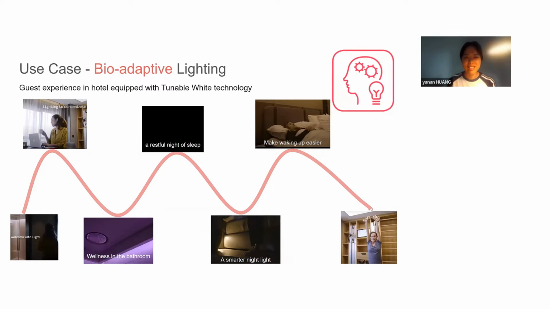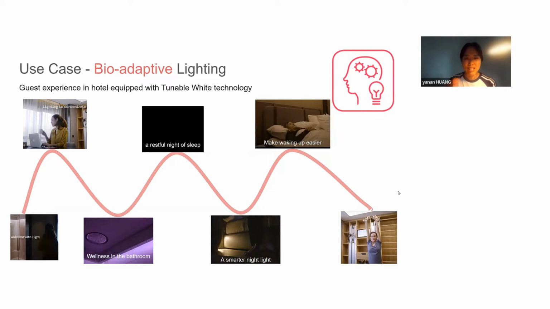When the guest wants to concentrate on some work, the lights can be adjusted to a non-interference mode. And on another occasion, like in the bathroom, the light changes to help the guest enjoy the bathing.